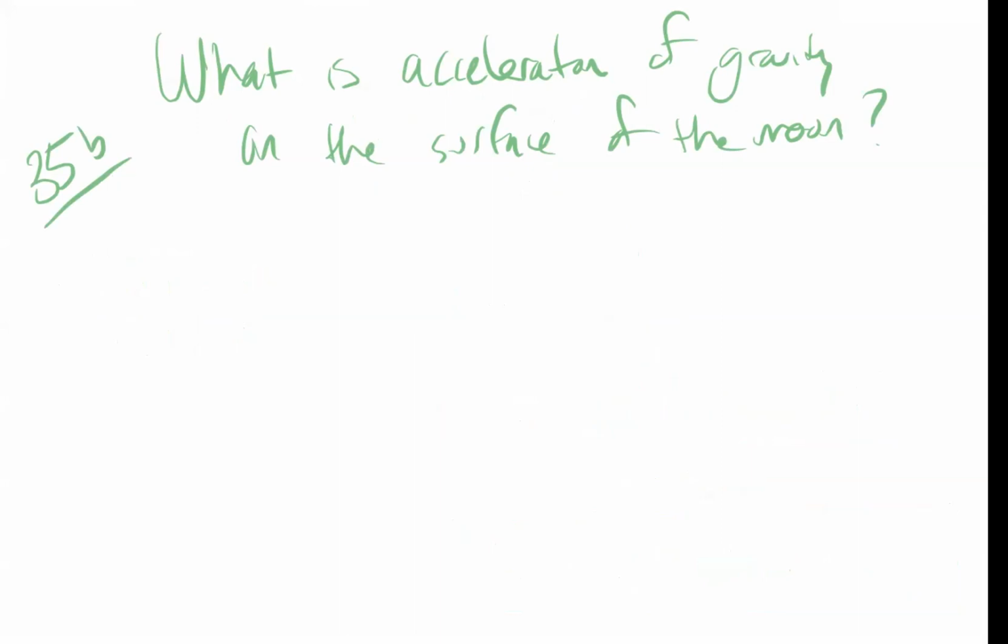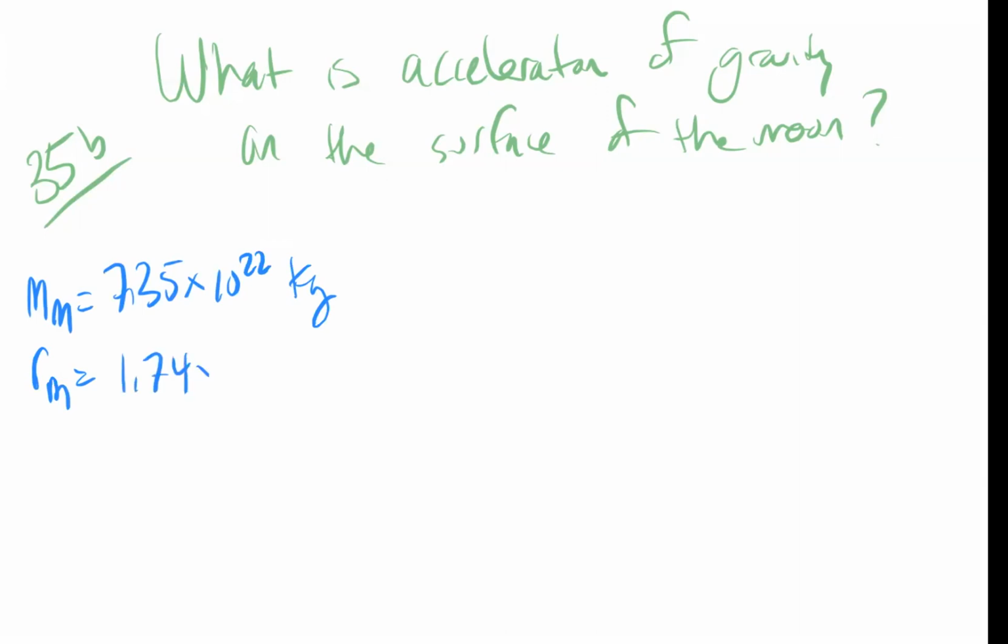And the moon's data, if you don't remember from earlier: the mass of the moon is 7.35 times 10 to the 22nd kilograms. And the radius of the moon is 1.74 times 10 to the 6.